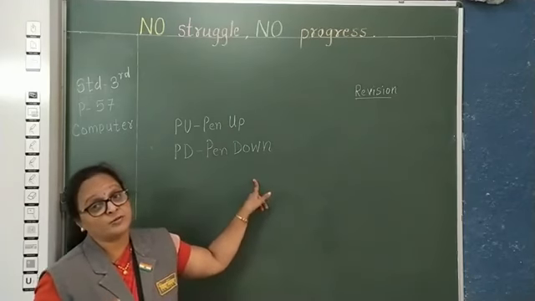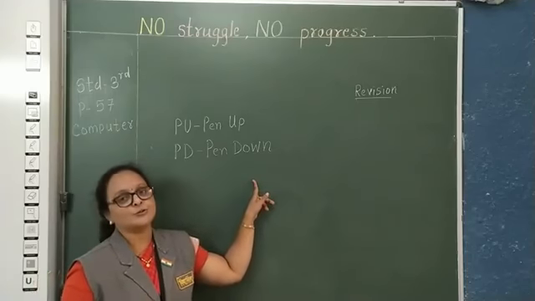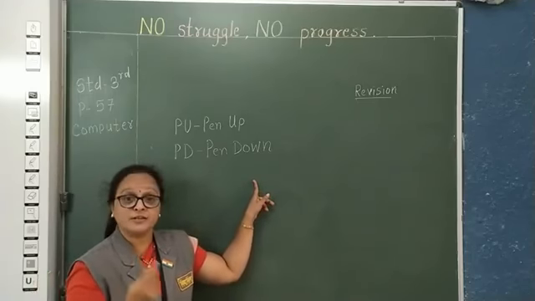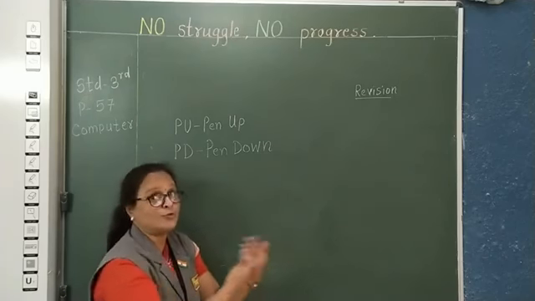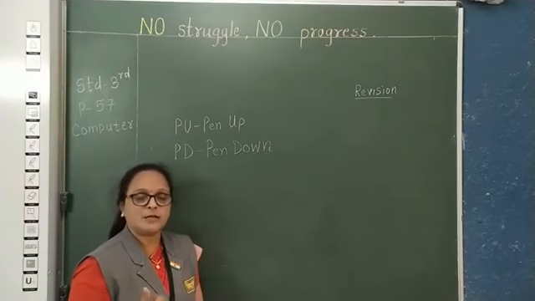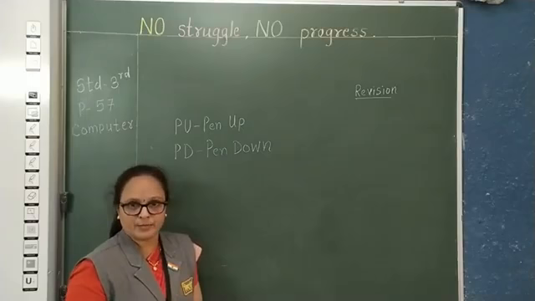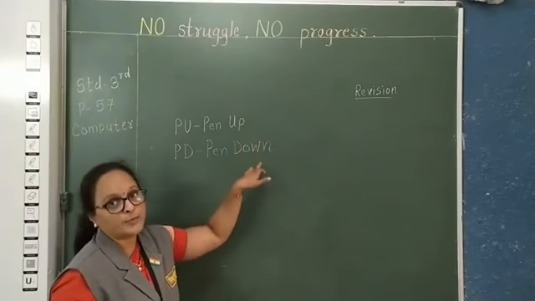After using PU and then PD, you have to specify in which direction, means ahead. If you want to go ahead, then you have to use FD as usual, and if you want to go back, then you have to use the BK command, okay? Always you have to specify after PU and PD.